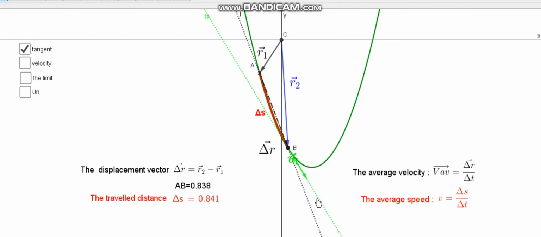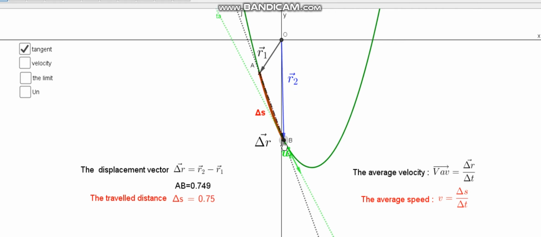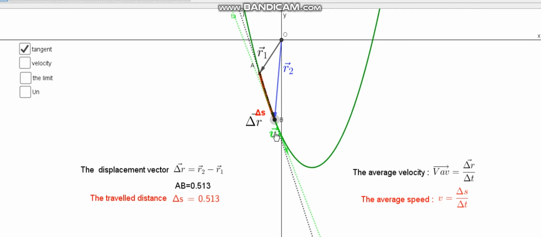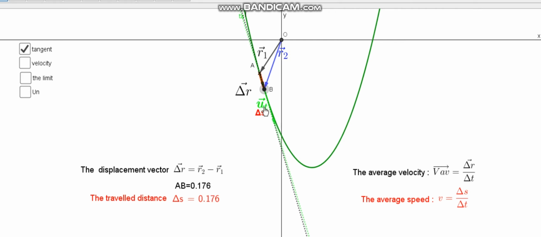We have here the tangent to the trajectory at B and the direction AB. When B is very close to A, we see that these two lines are the same.